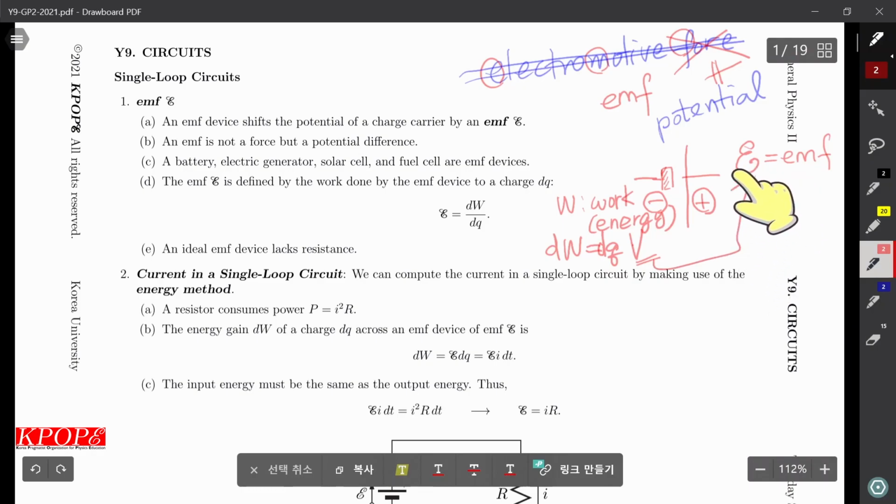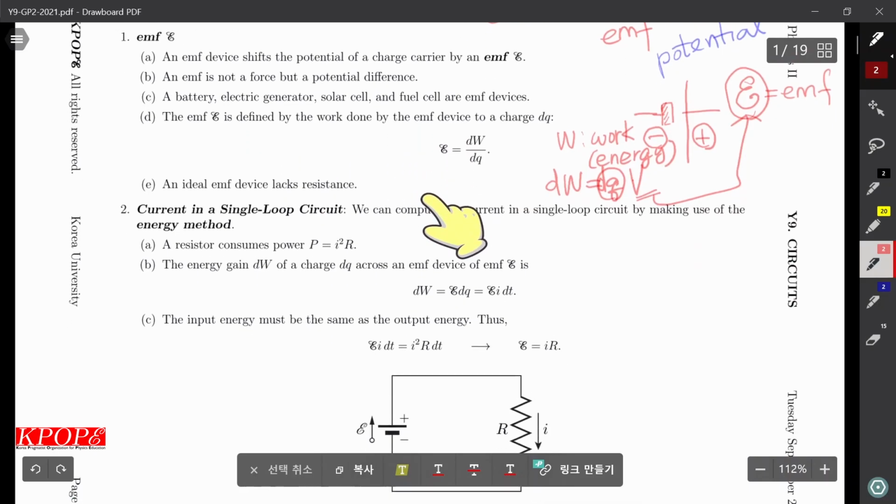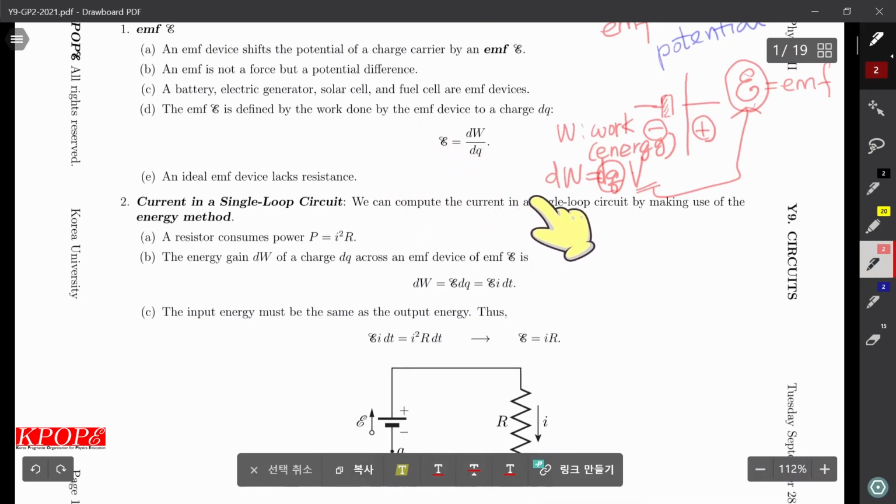EMF is work divided by charge. Work divided by charge is the EMF. So EMF has the dimension of potential.